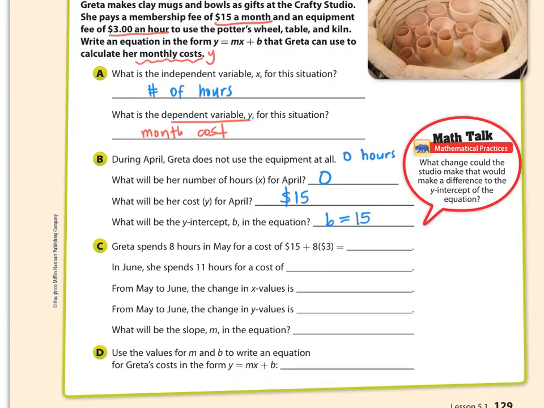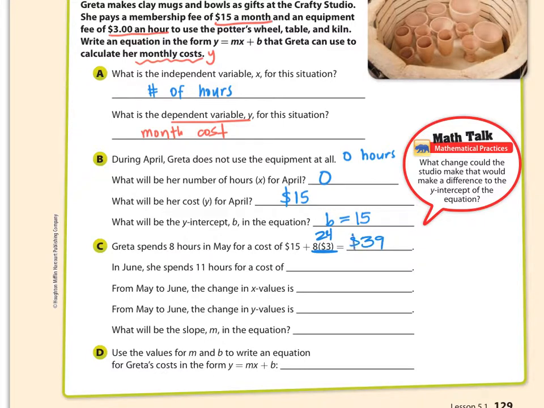Okay, part C, Greta spends 8 hours this time in May for a cost of $15 plus the $3 per hour for 8 hours. So if it's $3 an hour for 8 hours, that's 8 times 3, which gives us 24 bucks. And 24 plus 15 is going to give us $39.